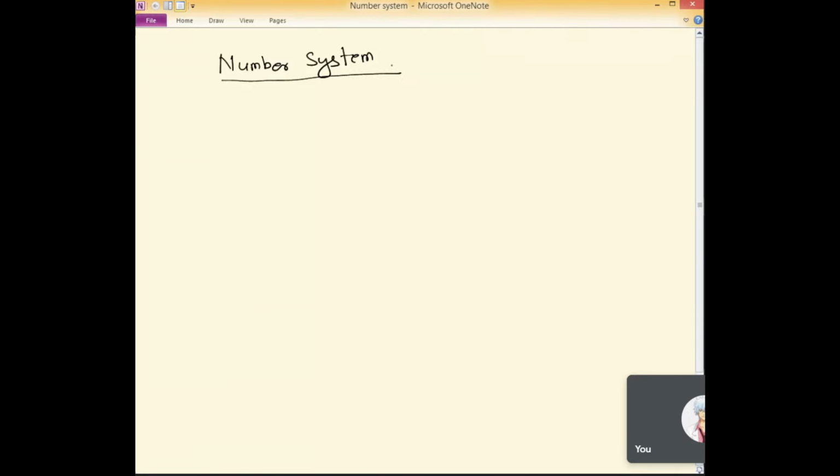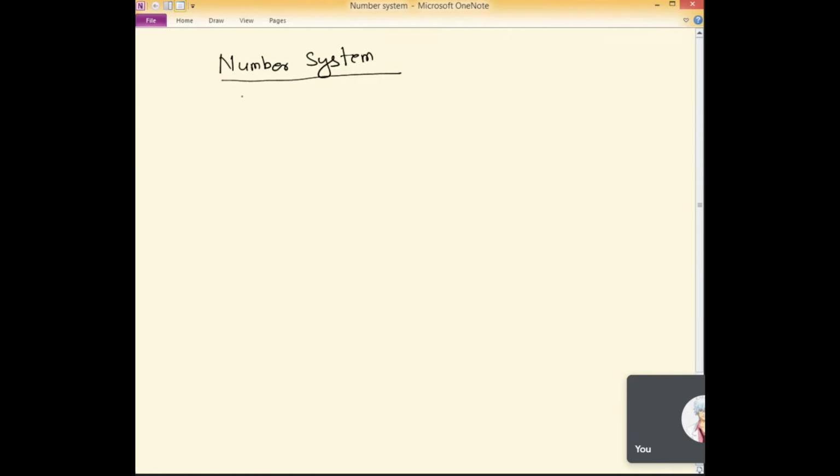The other way of quantifying is by using the numerical way, representing this quantification in terms of digits. There are many number systems for digital quantification.